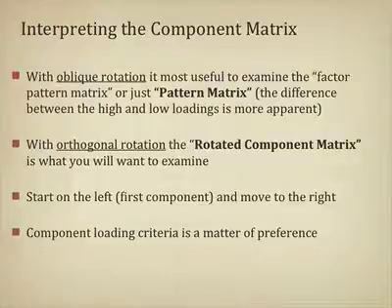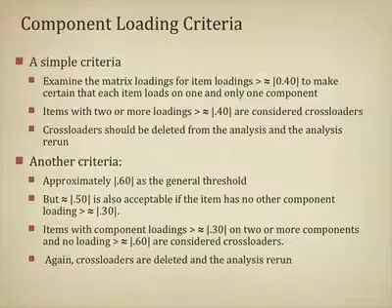People's experience has a lot to do with how they make this interpretation. A simple criteria is to examine the matrix loading for items loading greater than about absolute 0.4 to make certain that each item loads on one and only one component.